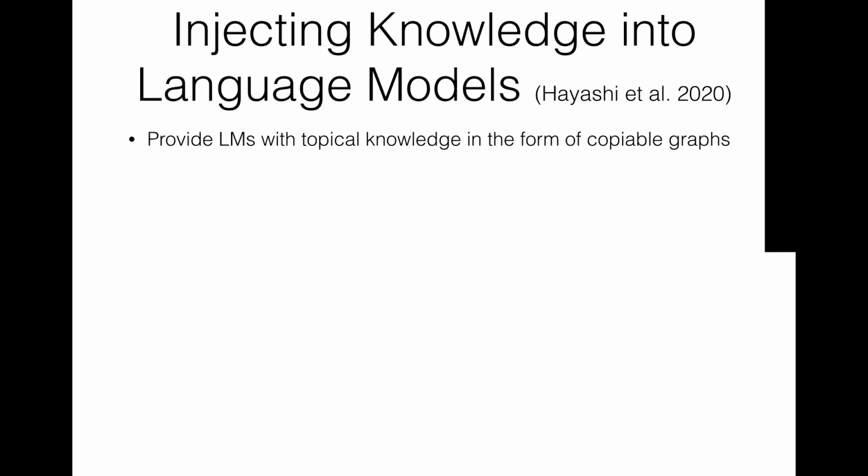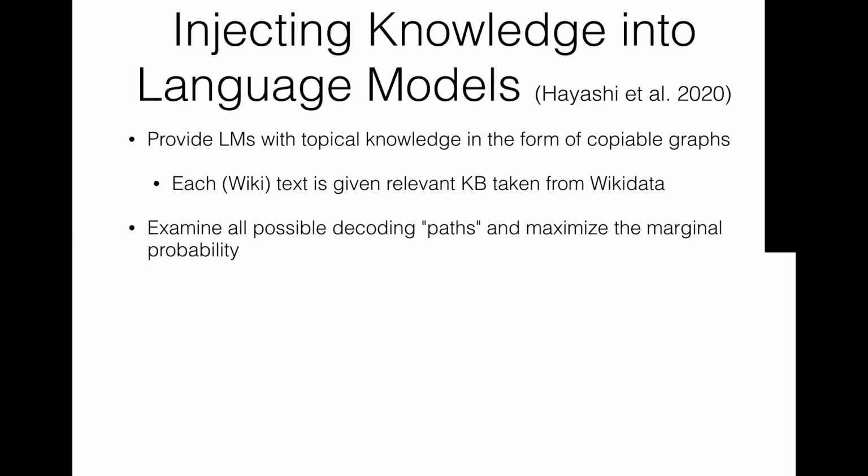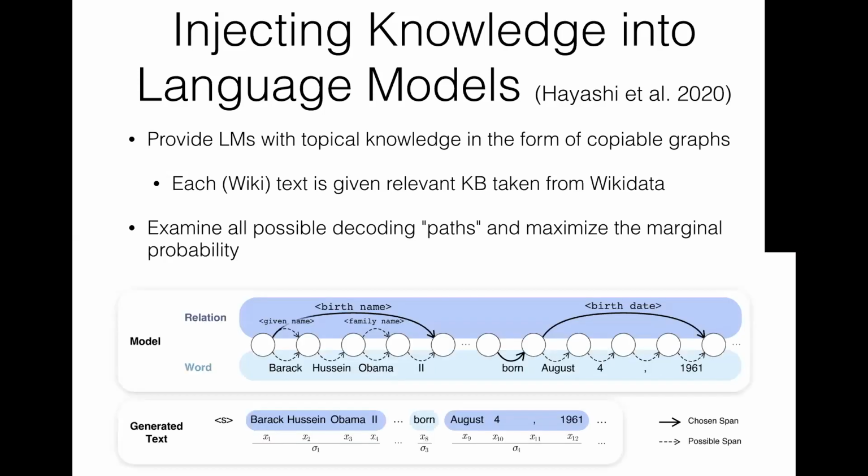So our idea is to provide the language model with a snippet of a knowledge graph, which is a subgraph taken from Wikidata, and allow the model to copy at certain points, so that the generated sentence would look more factually natural.